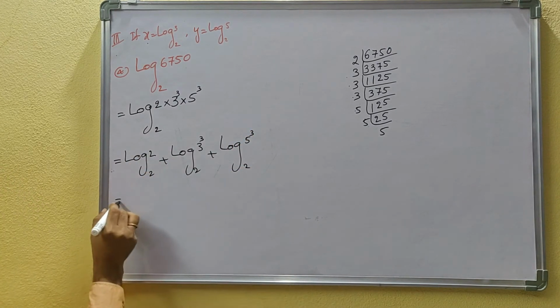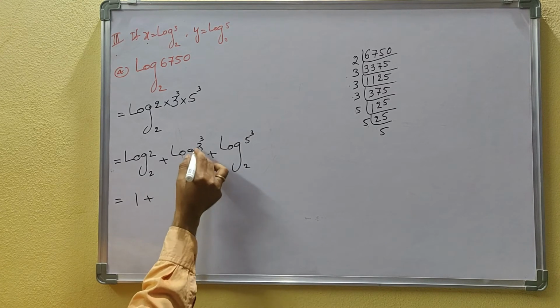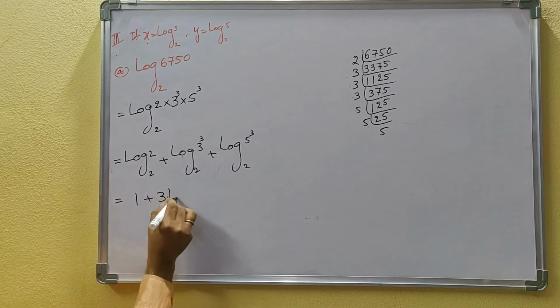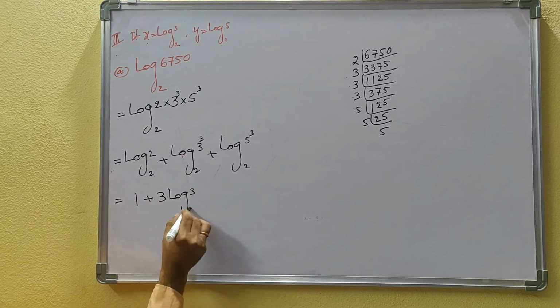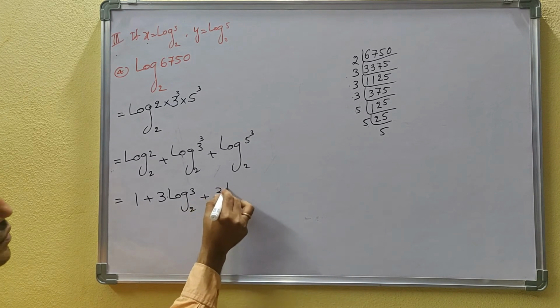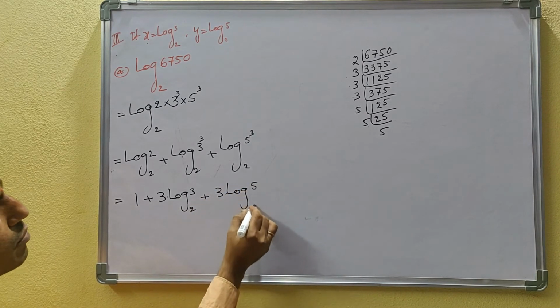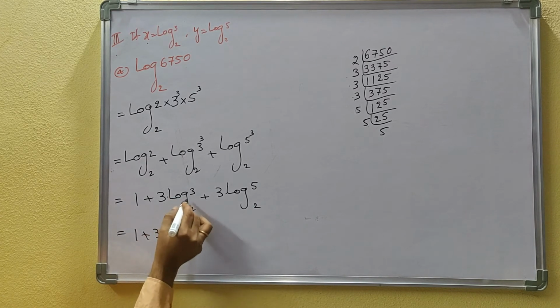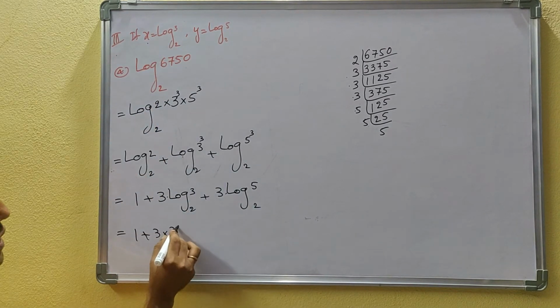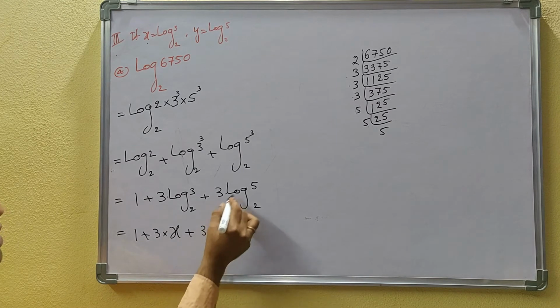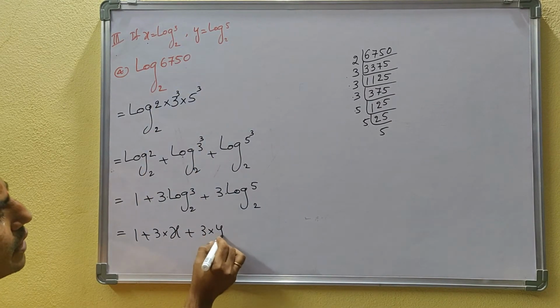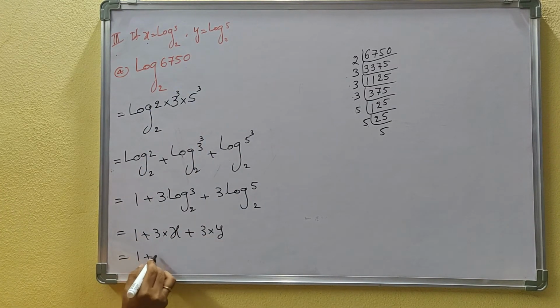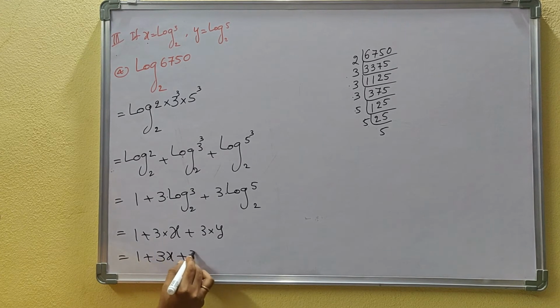Log 2 base 2 value 1, plus here log A to the power of m formula, 3 into log 3 base 2 plus again 3 into log 5 base 2, is equal to 1 plus 3 into log 3 base 2, value already given, that is x, plus 3 into log 5 base 2, value is given, that is y. So the answer is 1 plus 3x plus 3y. This is the answer.